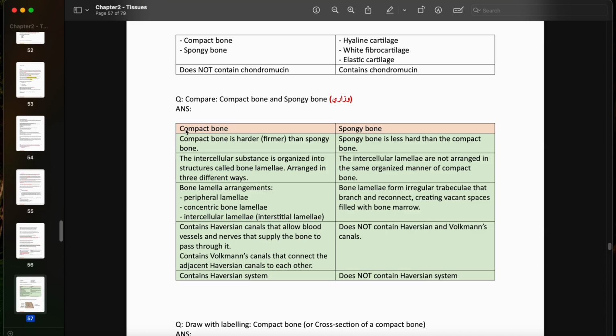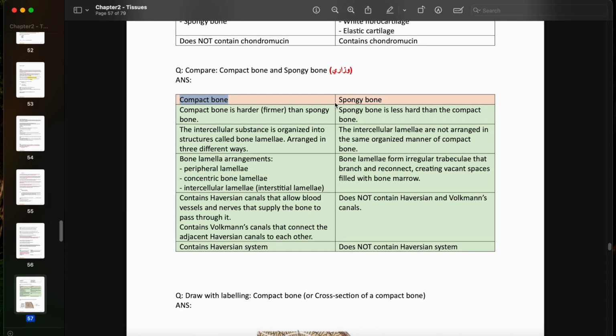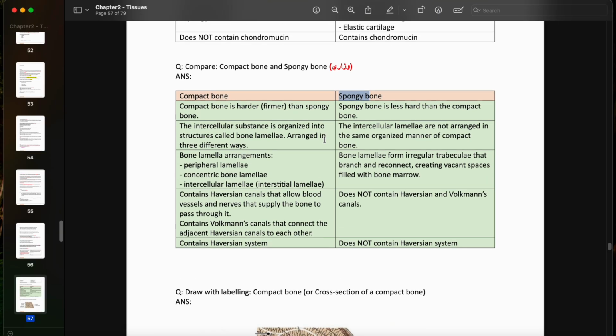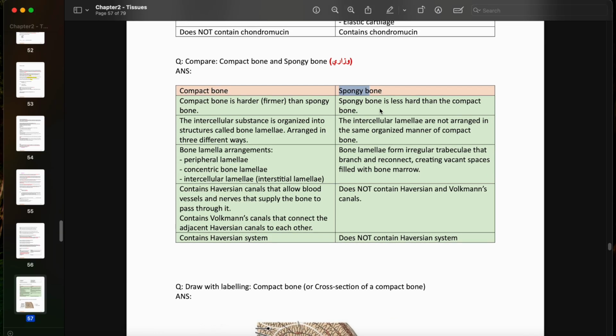Another very important question is the comparison between the compact bone and the spongy bone. We said the spongy bone is less hard than the compact bone, the compact bone being harder than the spongy bone. And the intercellular substance is organized into structures called bone lamellae, arranged in three different ways.